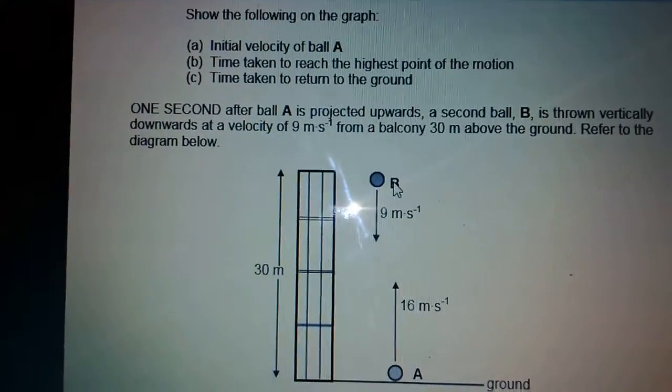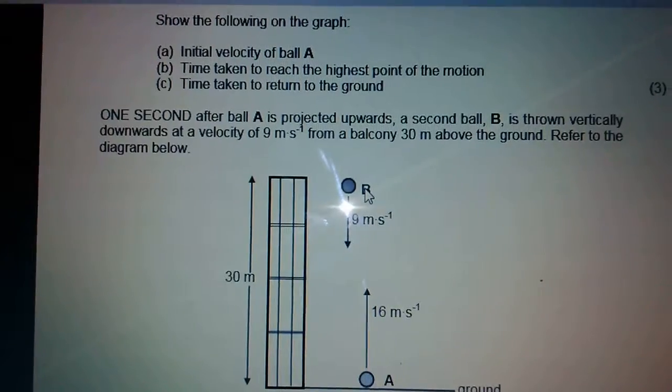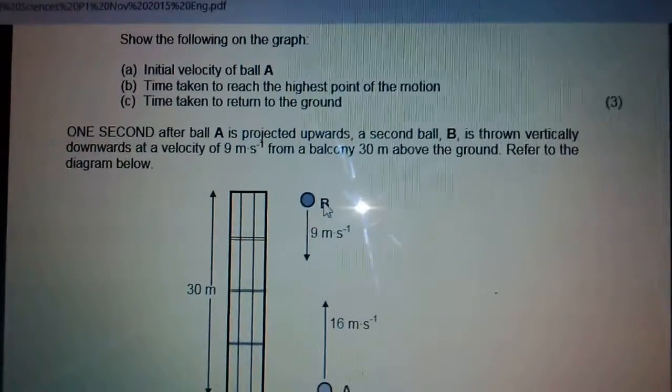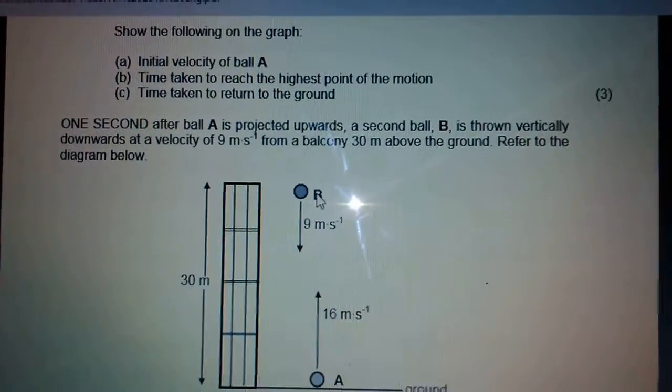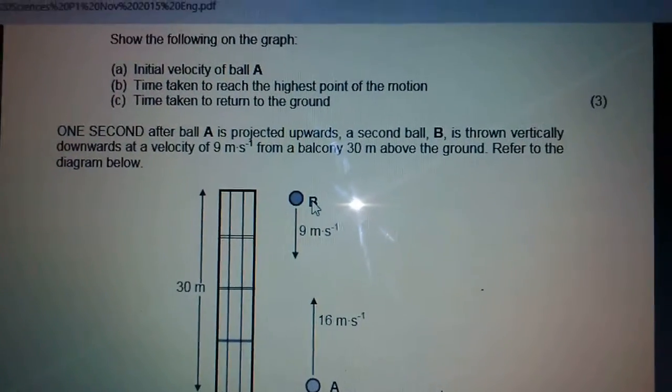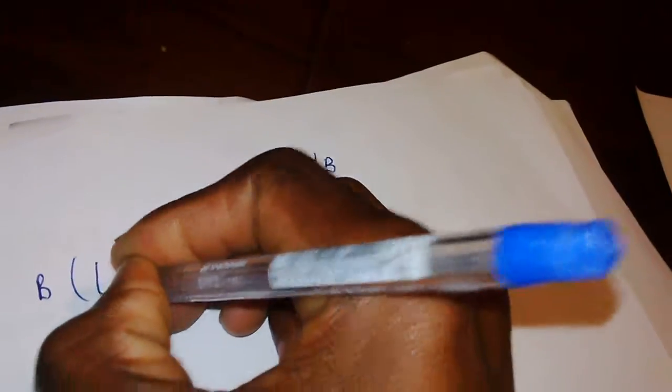But there's another statement you need to take note of here. It says 1 second after ball A is projected, a second ball B is projected. So B is actually projected at t minus 1.